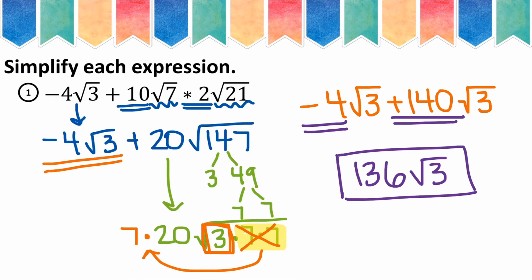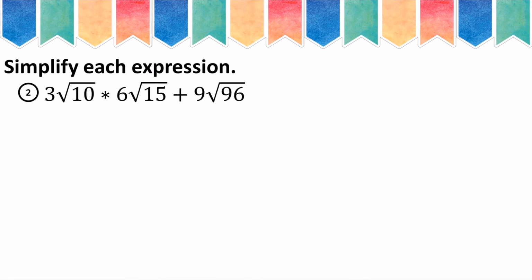Let's look at one more example. Again, when we are looking at a question that has both multiplication and addition, we must always do the multiplication first. So I will take 3 multiplied by 6 makes 18, and the square root of 10 multiplied by the square root of 15 makes the square root of 150.